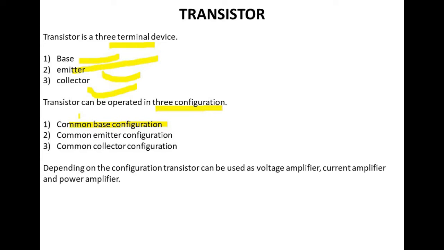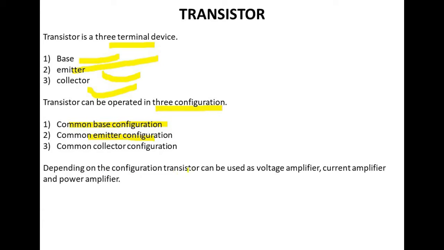Another configuration is common emitter configuration. In this configuration, emitter will be common to both input side and output side. And the third one is the common collector configuration. Here collector will be common to both input side and output side. Later we will take these three configurations in detail.